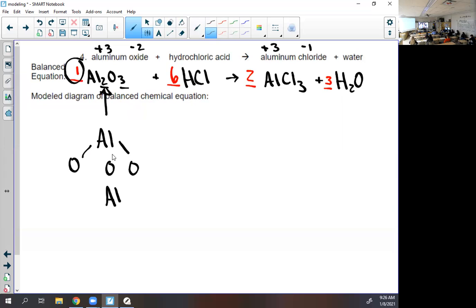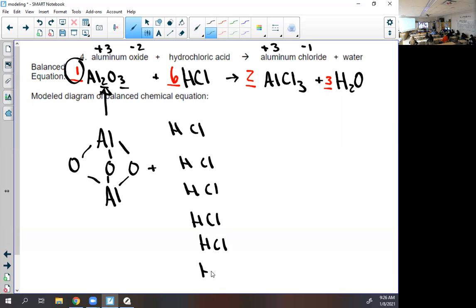And I only need one of them because this coefficient's 1. Then plus, I need 6 things, and the things I need are an H bonded to a Cl. We all right so far?